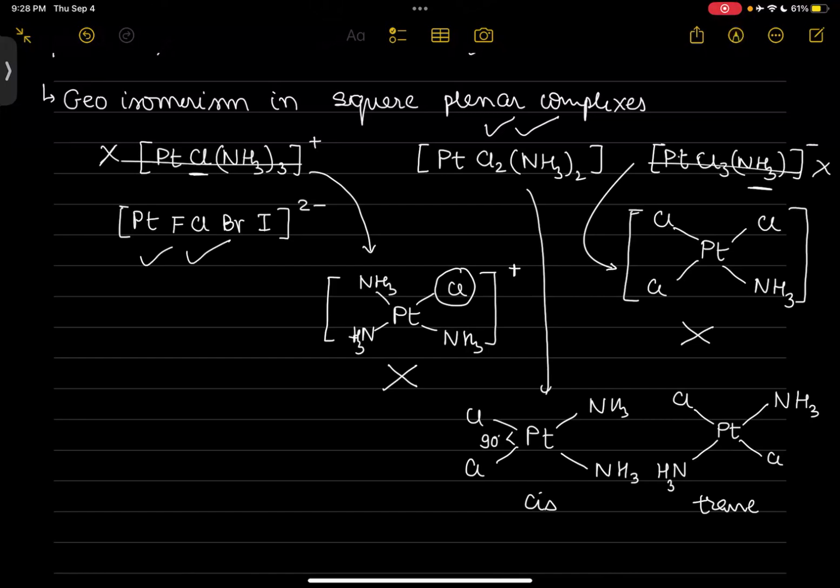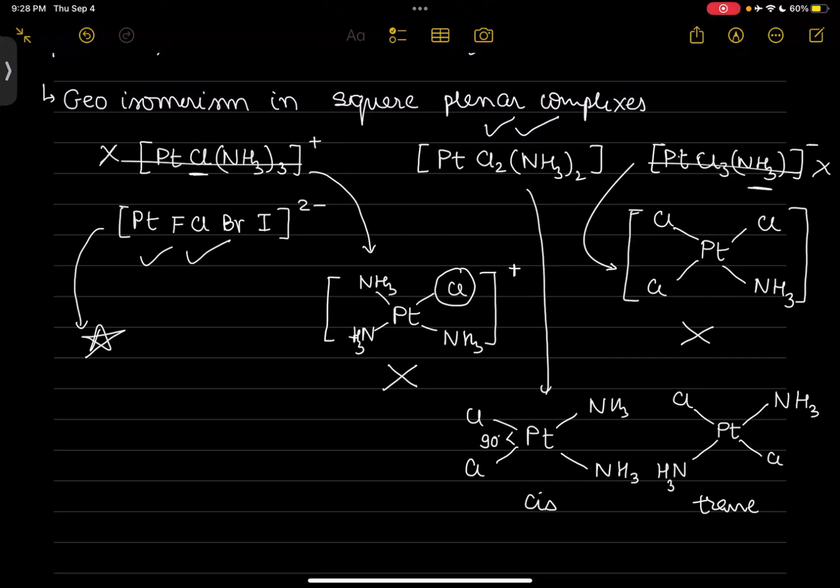You can compare F and Cl, F and Br, Br and Cl, Br and I, Cl and I, to be on the same side or opposite side. So your homework is to try this question. This is very, very important. In the next class, let me know how many geometrical isomers it has.